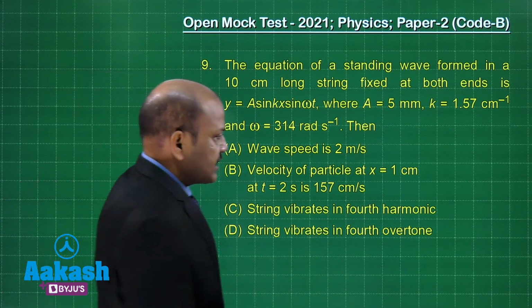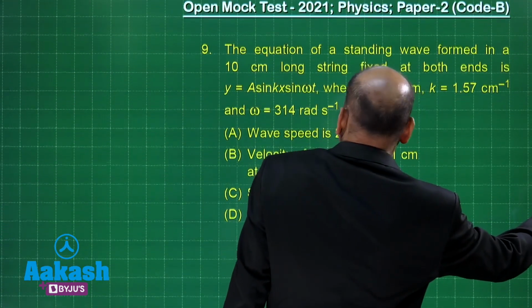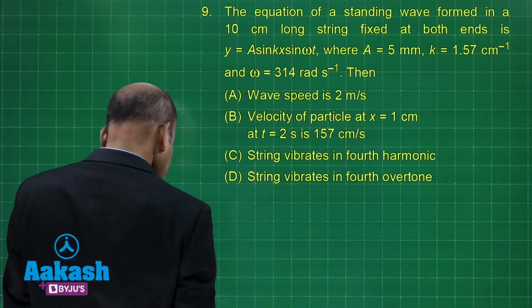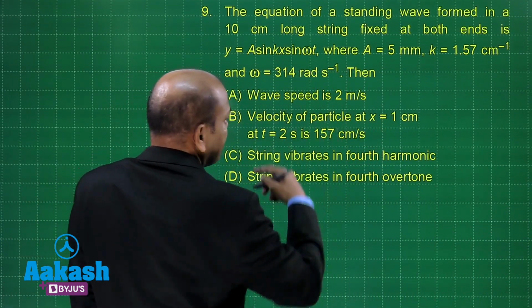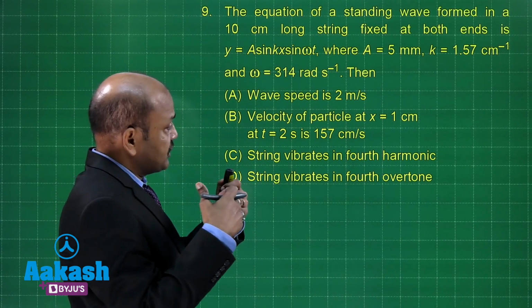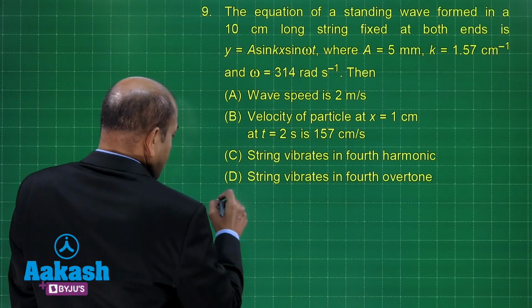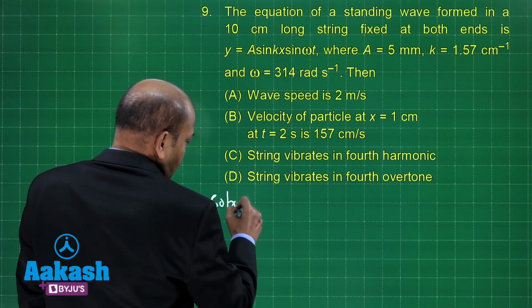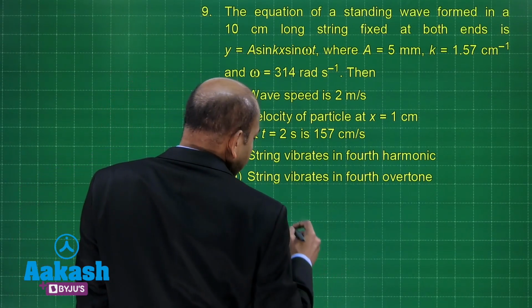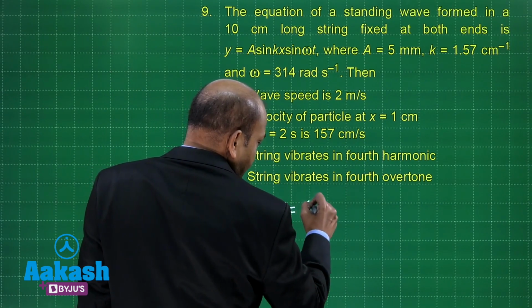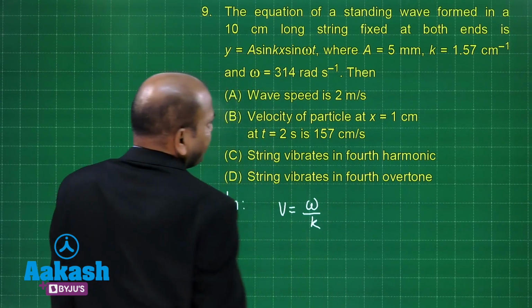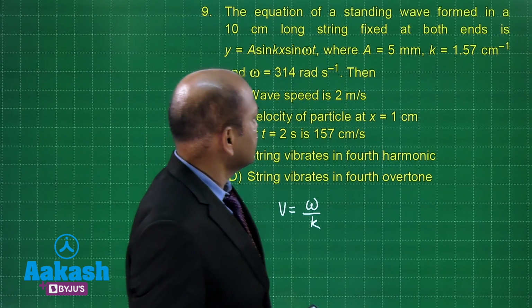So, let us start the solution, and first of all let us find the speed of the travelling wave, whose superposition can produce a standing wave like this. So, speed of the travelling wave is omega by k. The values of omega and k are given to us.